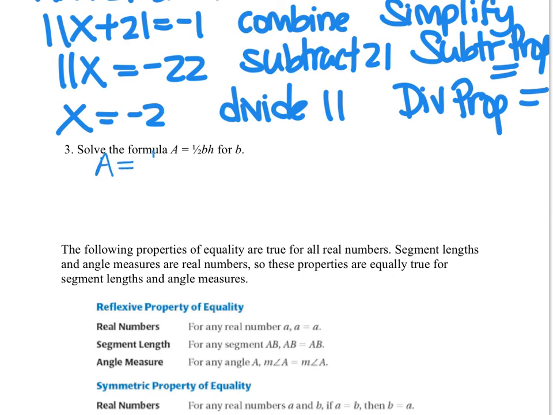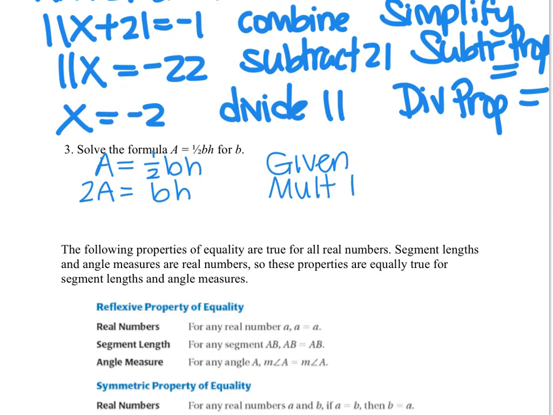I'm going to just give the reasons. So I'm going to multiply both sides by 2. And since I wanted to say B equals, I'm going to divide by H.